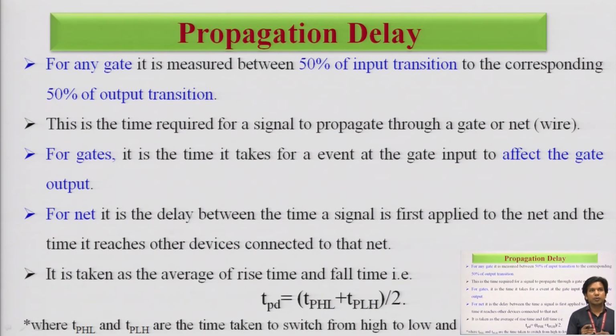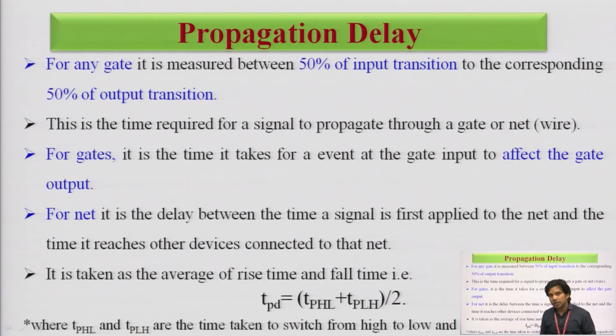So, we have to take 50% from the input to the output, clear. This is the time required for a signal to propagate through a gate or net, also called a wire or interconnect, clear. It means how much time it takes to transfer the information from source to destination, that we have seen, clear.